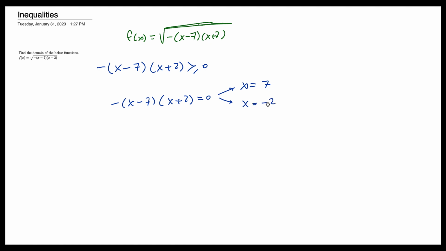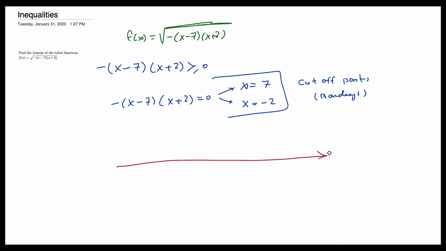Now I'm going to use these cutoff points, or boundaries, for the intervals. I use a number line x, and I put in negative 2 first, and then 7.